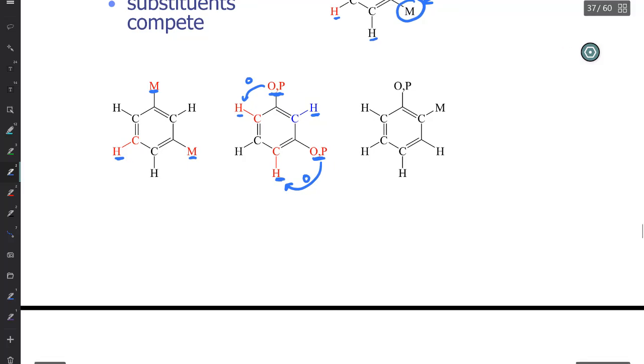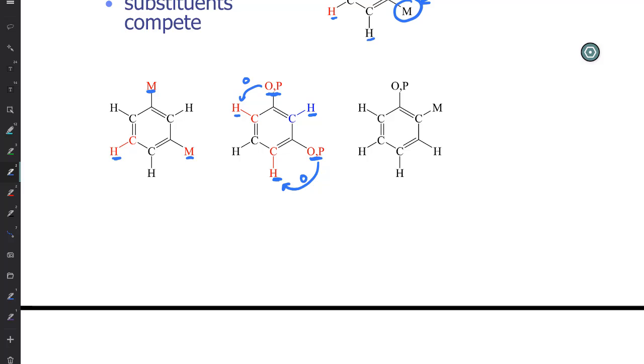Now, what about this last one? I have an ortho para director and a meta director, right, adjacent to each other. Now, if you're thinking about this, right, where does the substitution take place? Well, meta is here, and para is also at the same position. So that's para, that's meta.